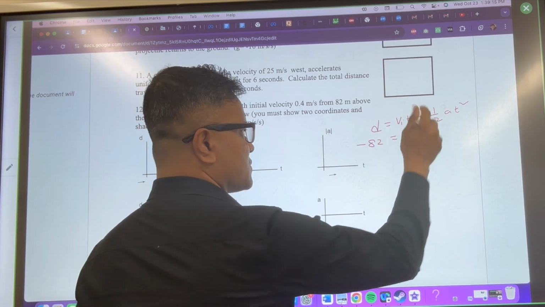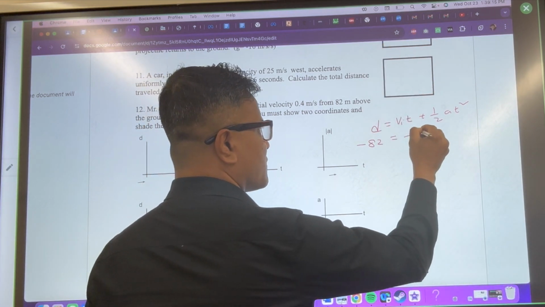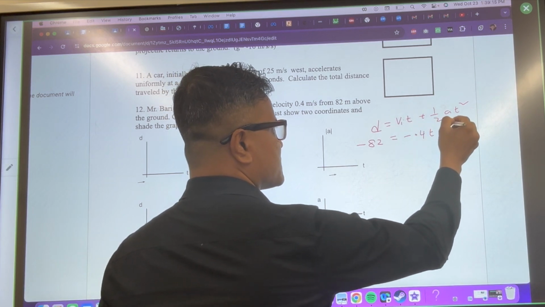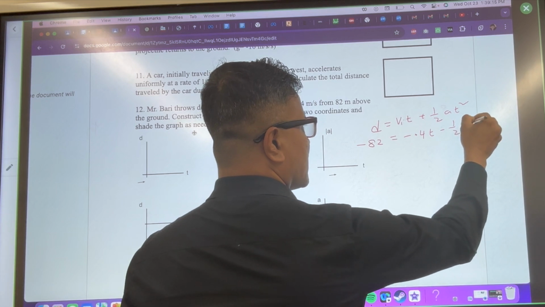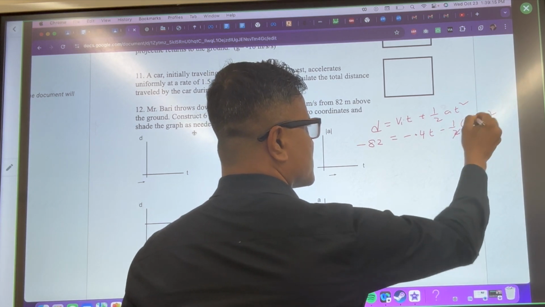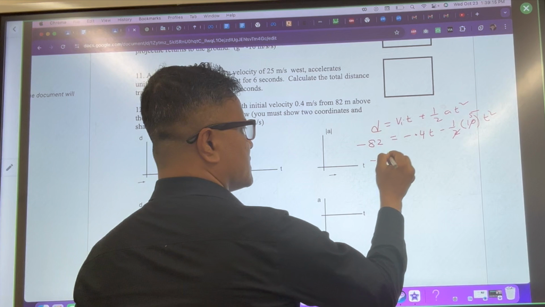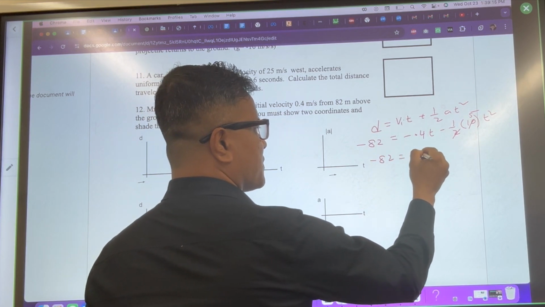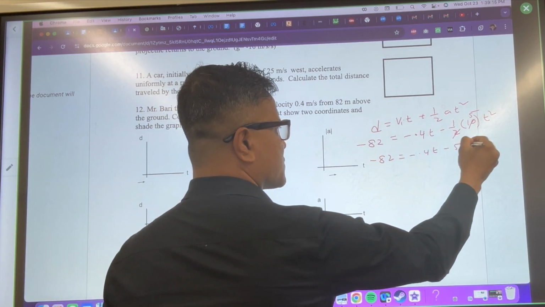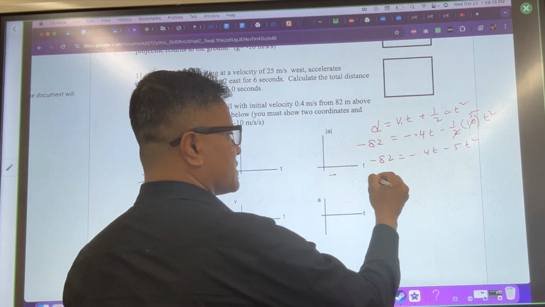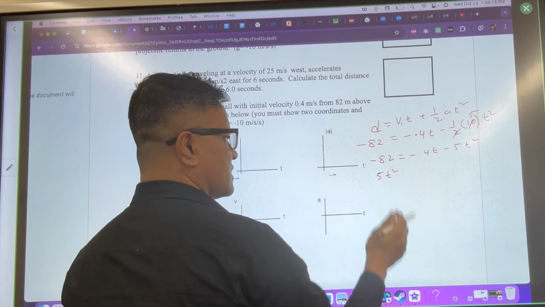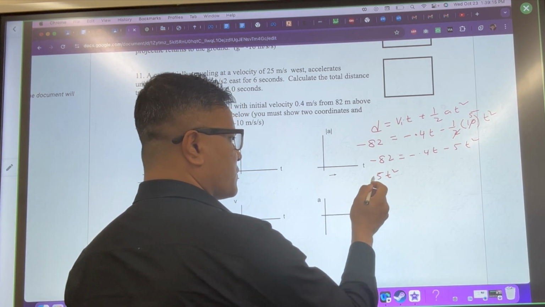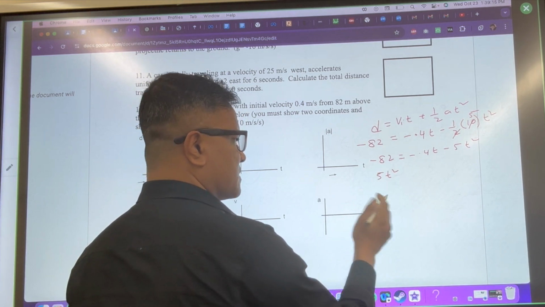Initial velocity is negative 0.4 since you throw it down, so negative 0.4 t minus half of 10 t squared, which is 5 t squared. So negative 82 is equal to negative 0.4 t minus 5 t squared. Bring everything to the left side. You always want the highest degree coefficient to be positive.